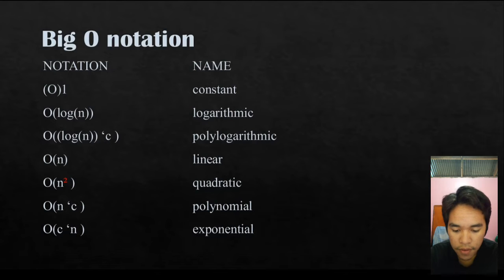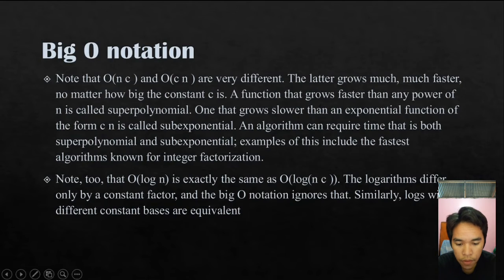O((log n)^c), polylogarithmic. O(n), linear. O(n^2), quadratic. O(n^c), polynomial. O(c^n), exponential. Note that O(n^c) and O(c^n) are very different. The latter grows much faster, no matter how big the constant c is.